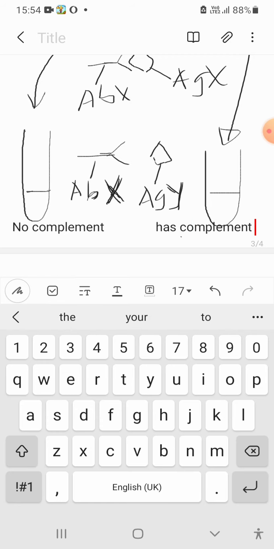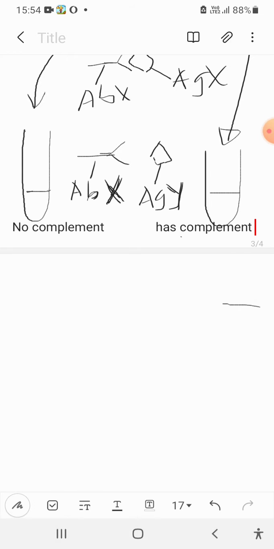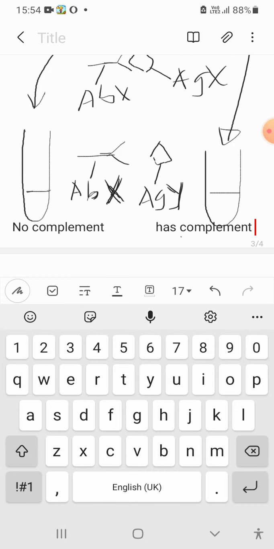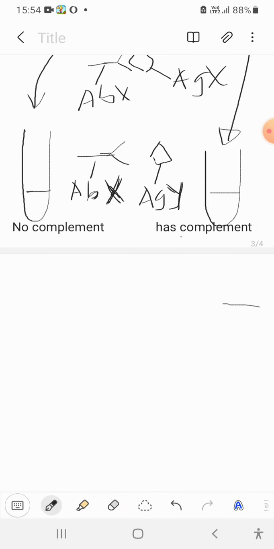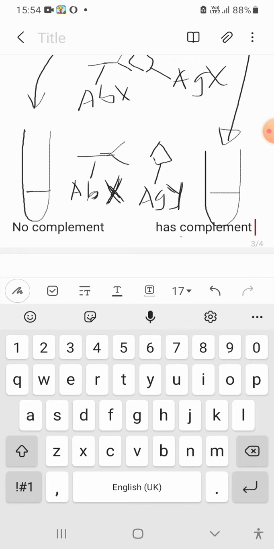Why? Because there was no activation, not used. So I have two tubes. So what will follow is that we'll add now indicator substance.